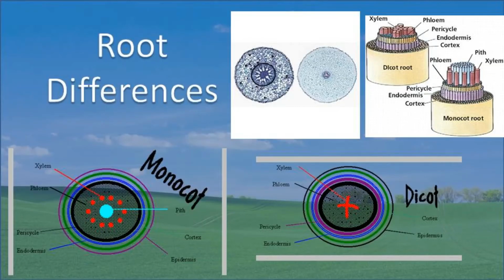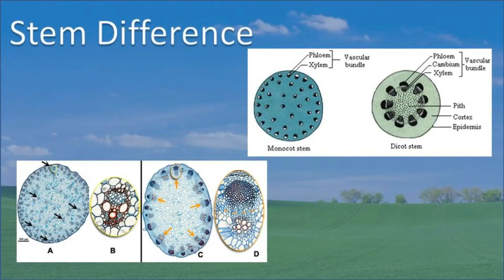Root: in a dicotyledonous plant, a well developed primary root, that is a taproot, is there, and in monocotyledonous plants a fibrous root. In stem, in dicotyledonous plants, a strong and hard stem is there, like in banyan tree, peepal tree, neem tree.